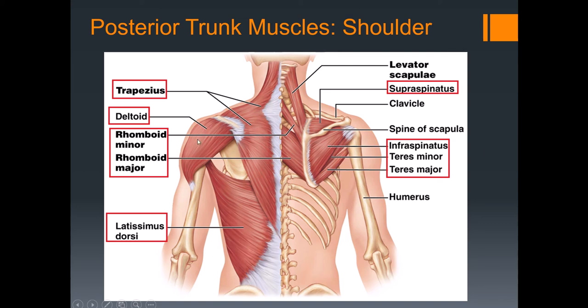You can see the deltoid again. You can see here are the rhomboid muscles, the latissimus dorsi here, and then some of our rotator cuff muscles: supraspinatus, infraspinatus, teres minor here, and then the subscapularis is actually below the scapula on the other side. Can't see it in this picture.